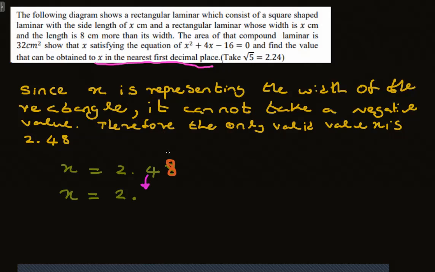So if it's bigger than 5, you don't write 4. What do you write? You add a 1. Why do you add a 1? Because the second decimal place number is bigger than 5. If it's 5 or more than 5, you add a 1 to the first decimal place number. So 4 plus 1, 5. So x equals 2.5. Within brackets, correct to 1 dp, 1 decimal place. All right, I hope you all understood.